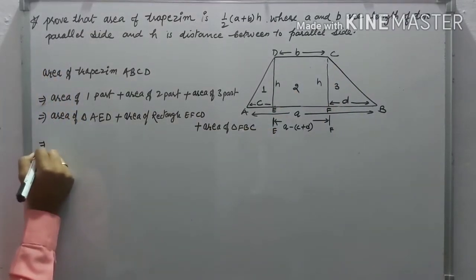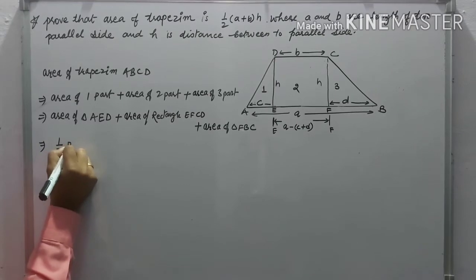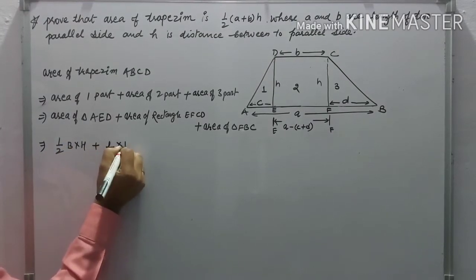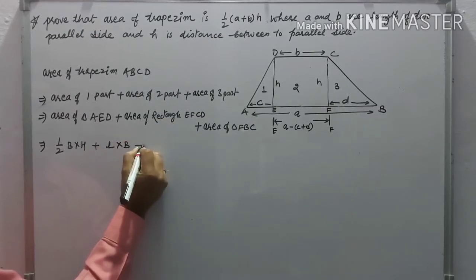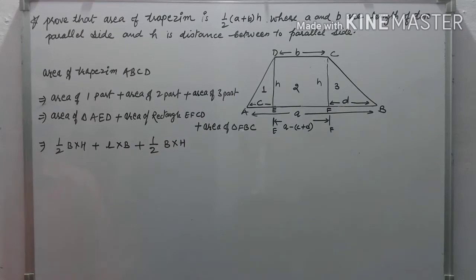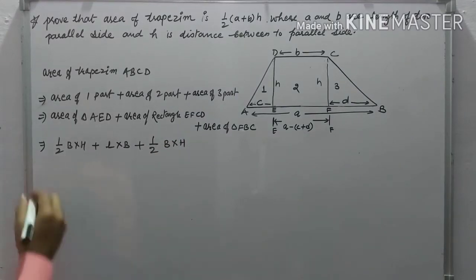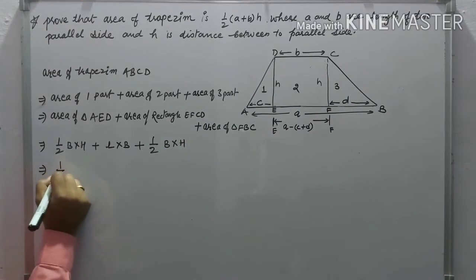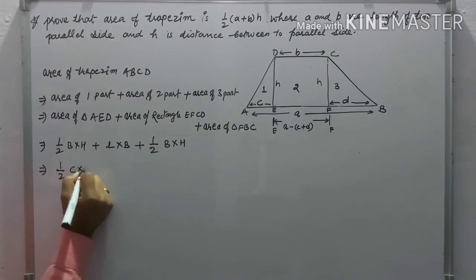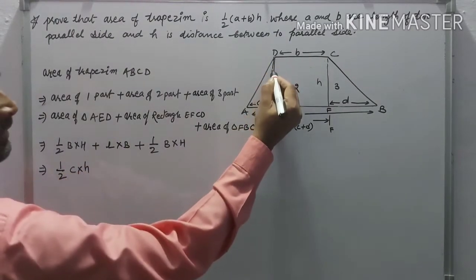Now write the formula: 1 upon 2 base into height for a triangle, plus length into breadth for the area of a rectangle, and 1 upon 2 base into height. Now solve. 1 upon 2 base is c and height is h.